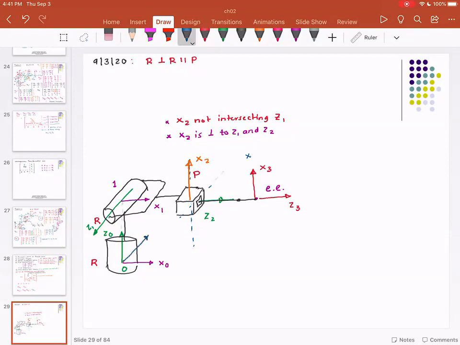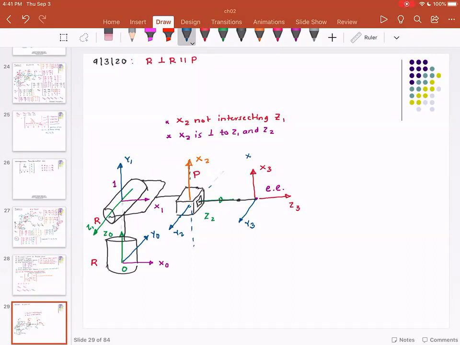This is going to be my Y0, XZ. This is going to be my Y1, and ZX, this is going to be my Y2, and this is going to be my Y3. Everyone clear with this? Any questions here?